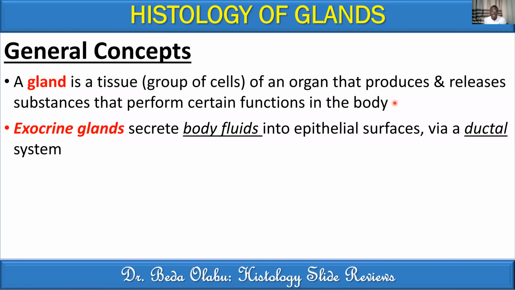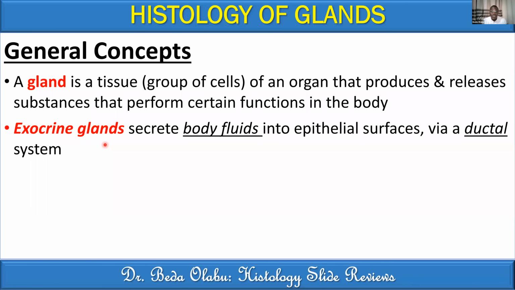There are 2 types of glands. We have exocrine glands and endocrine glands. Exocrine glands produce body fluid. So the substances we are talking about here are body fluids. And these exocrine glands produce these body fluids into epithelial surfaces.